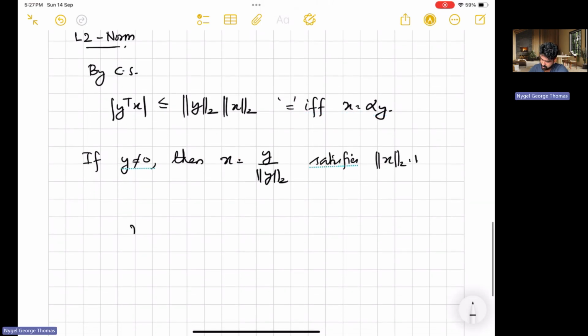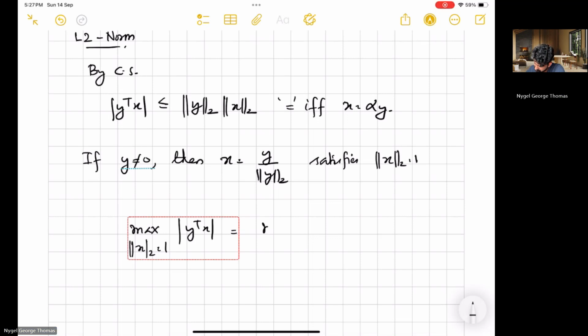So the max of this is equal to the max of this.